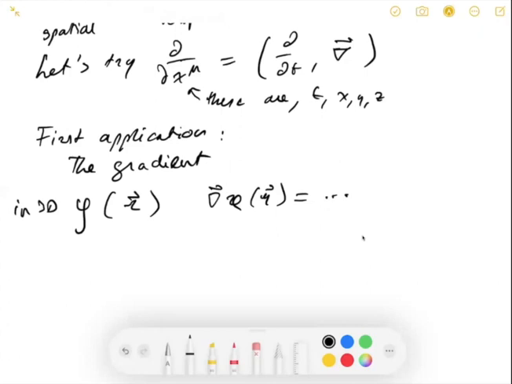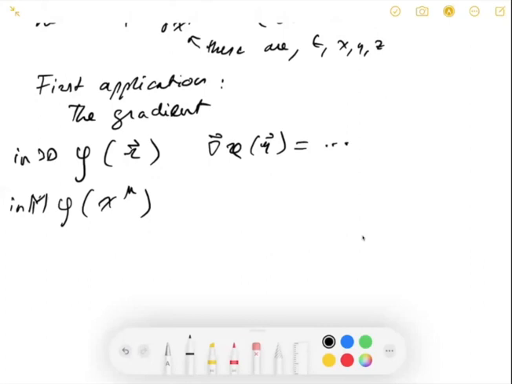So in Minkowski spacetime, that's capital M, this is now a function of the coordinates x^μ. So it's a time and space dependent scalar field. It could be the potential as a function of, you know, due to some moving charge or something. Okay, now let's see what that divergence does.